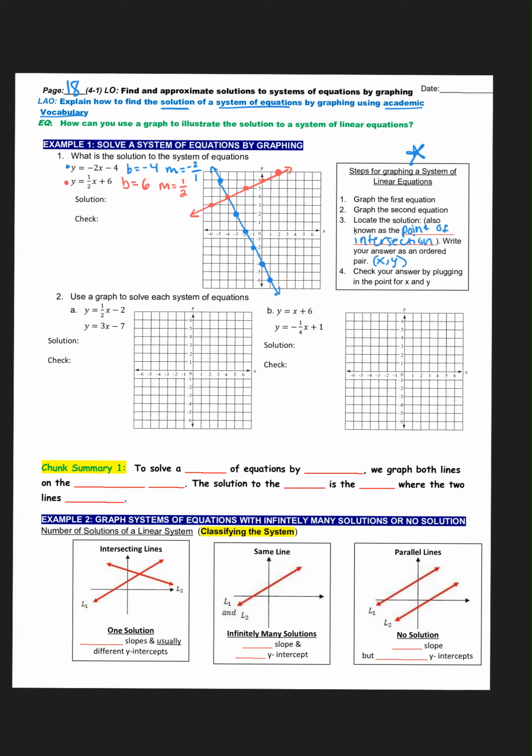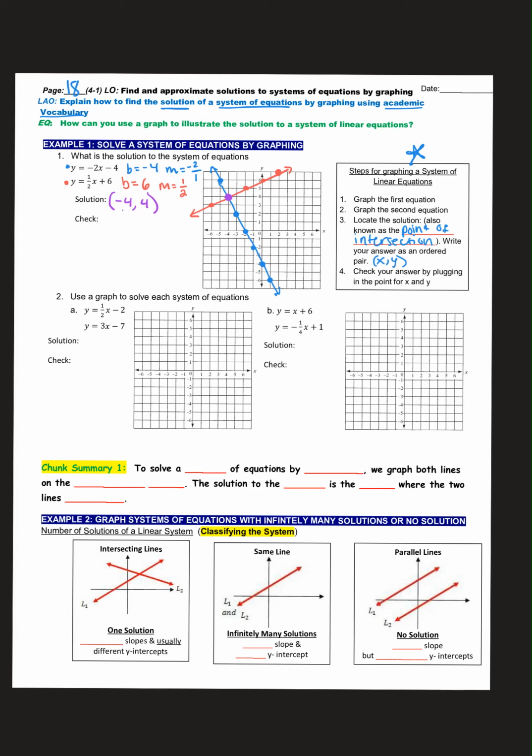Now our solution is wherever the points intersect. And in this case, guys, the 2 lines, the red and the blue line, they intersect at -4, 4. So now to check our answers, all we have to do is plug that solution into our equations.